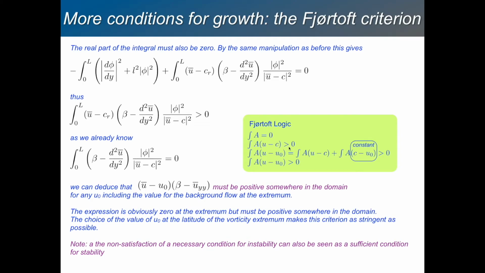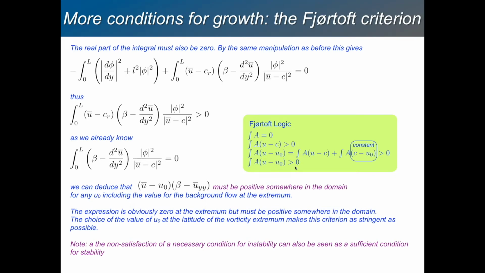Now, we could write that a times u minus u naught is a times u minus c plus a times c minus u naught, right? That's just trivial, okay? Now we know that c is a constant and u naught is a constant, so this term here, by the Rayleigh condition, must be 0, which means that these two things are the same, which means that this thing must also, just like this thing, be positive, all right?